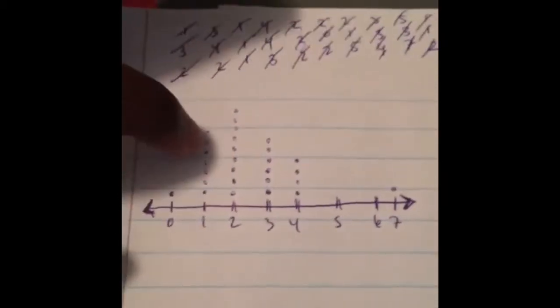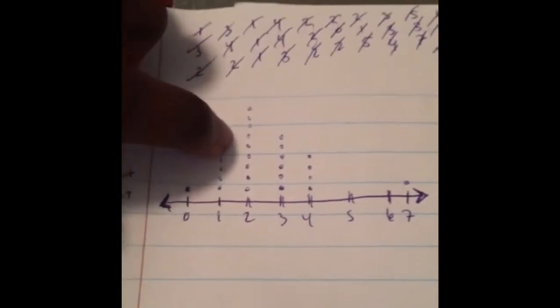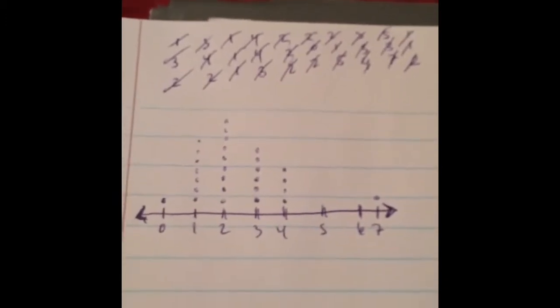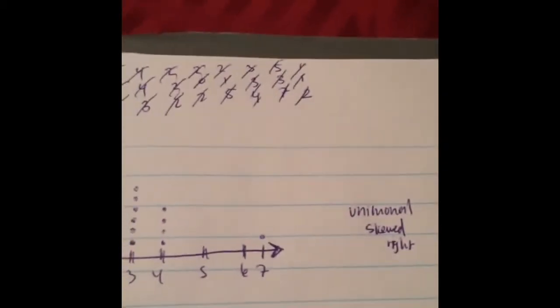So you see 2 came up the most frequently, with 1 being the second most frequent and 3 being the third most frequent, and 5 and 6 being the least frequent because they got no dots. This dot plot looks like it's unimodal skewed right.